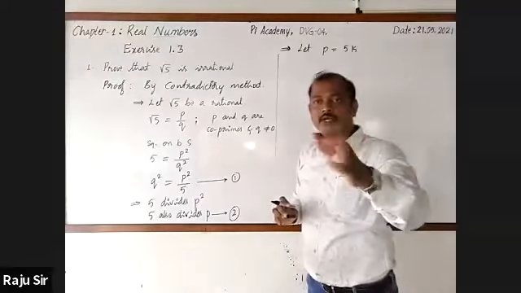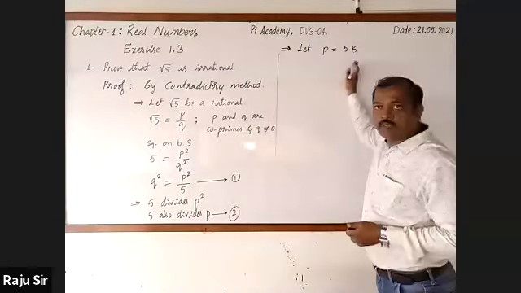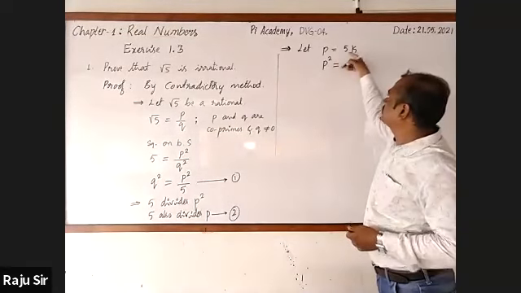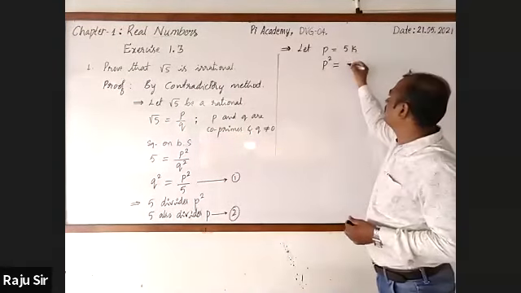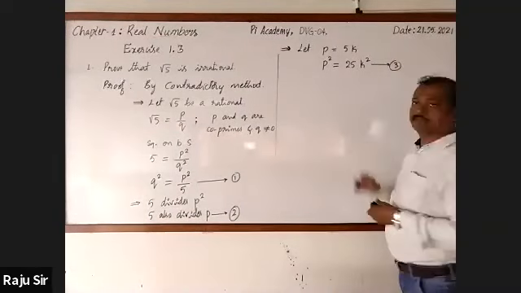Yes, sir. Or as 5m, 5n, 5x, whatever letter you want. Then go for squaring on either side. It will be p square is equal to (5k) whole square, is 25k square. You may call this statement 3.